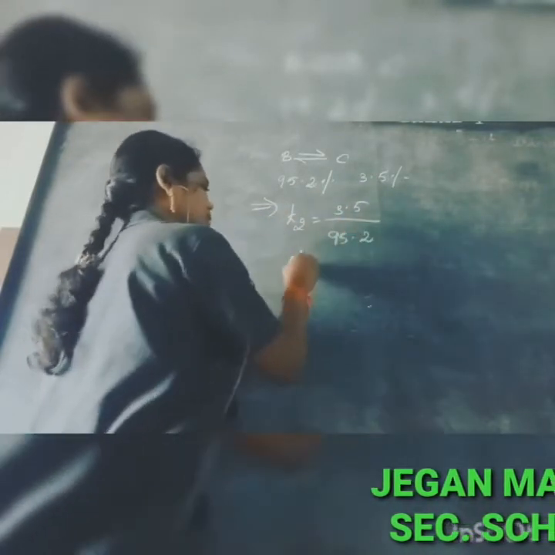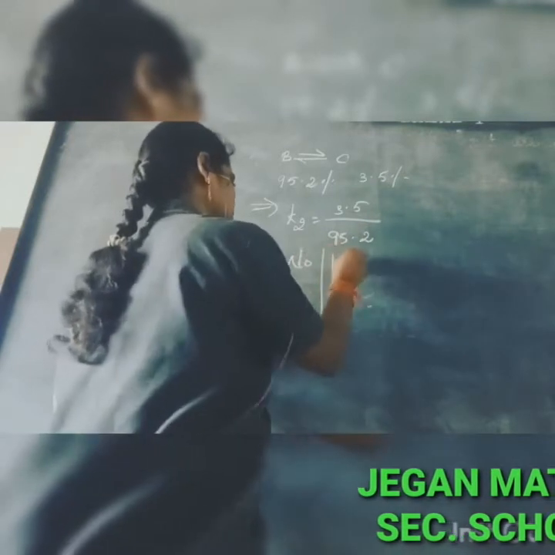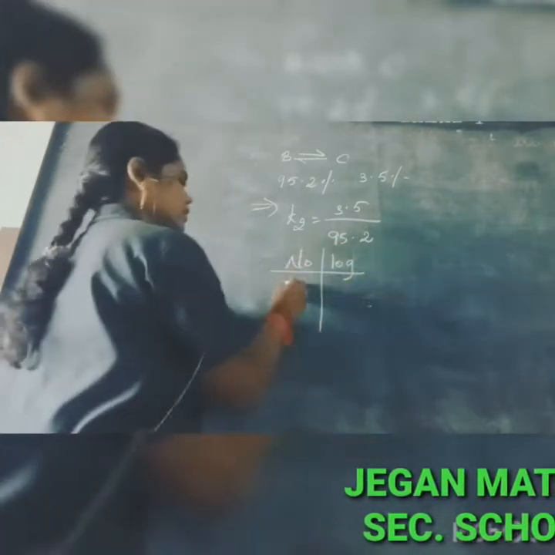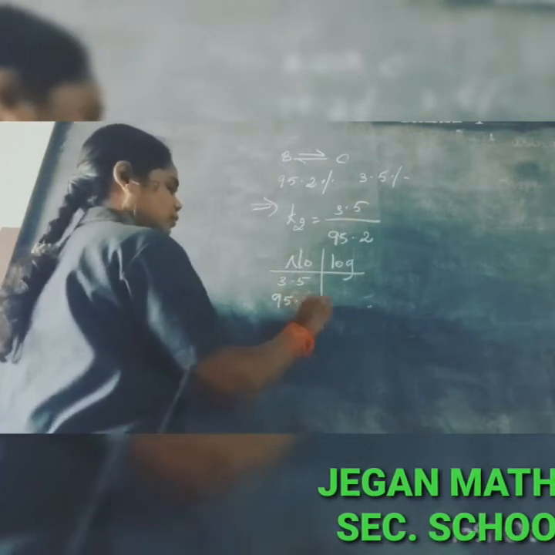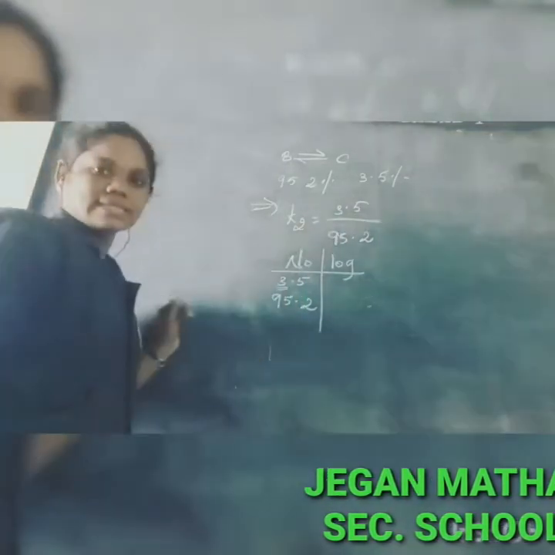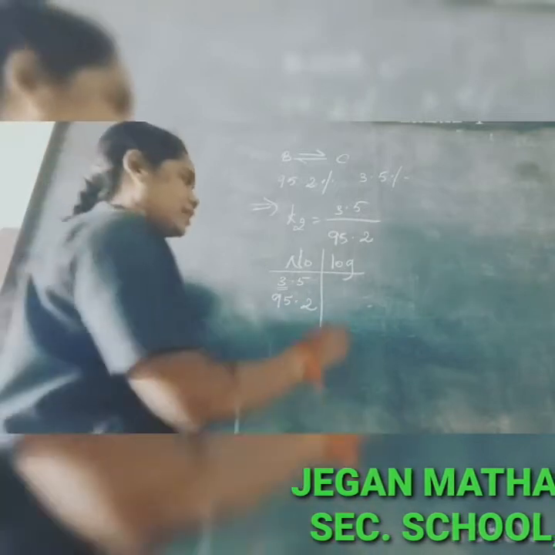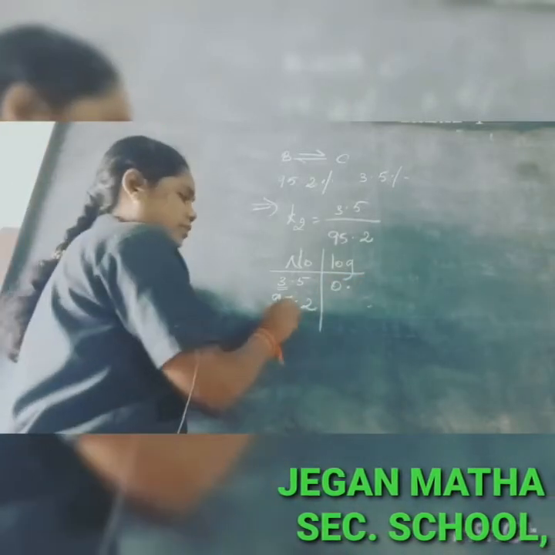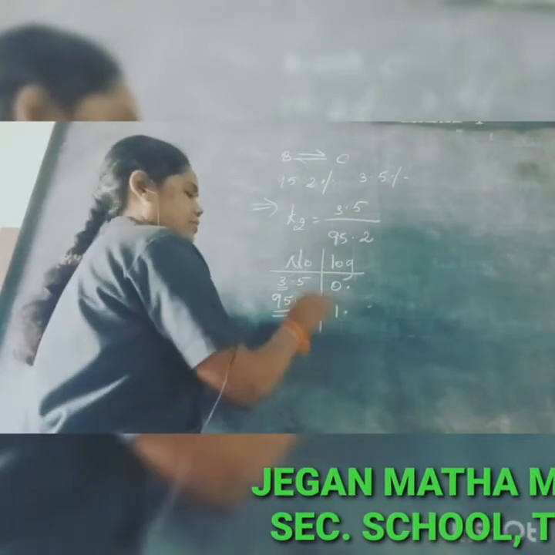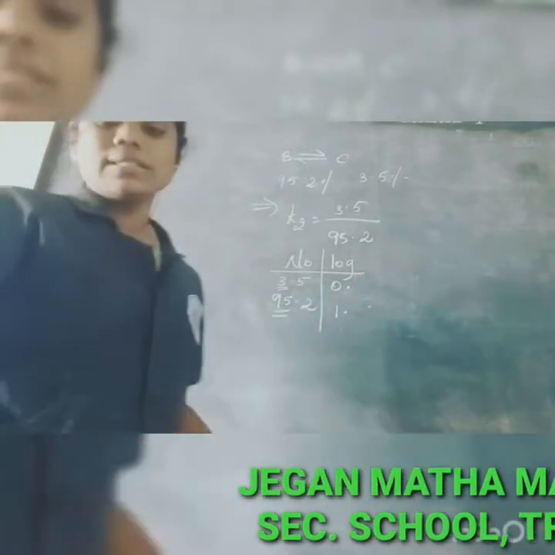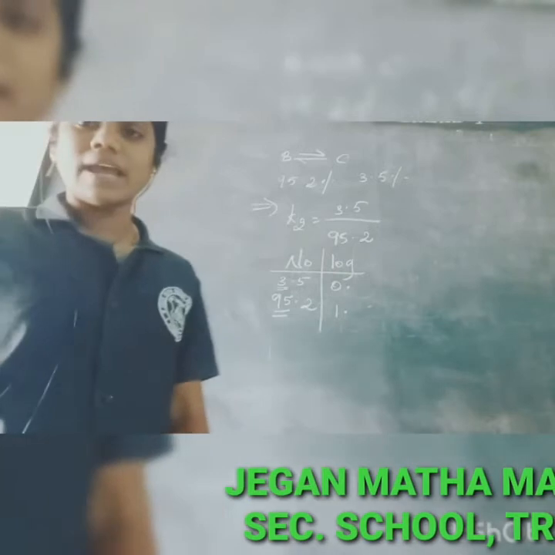Now you take the number and log. The number is 3.5 and 95.2. For 3.5 only one digit is present before the point, so 0 point, and the log of 3.5 is 0.5441.